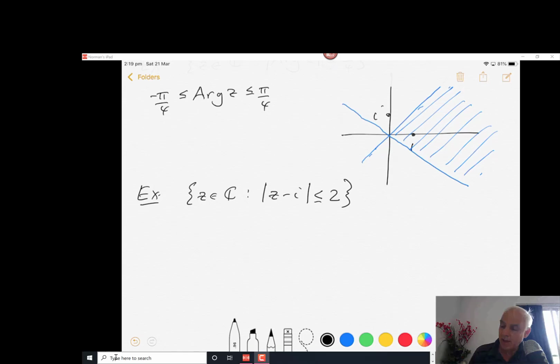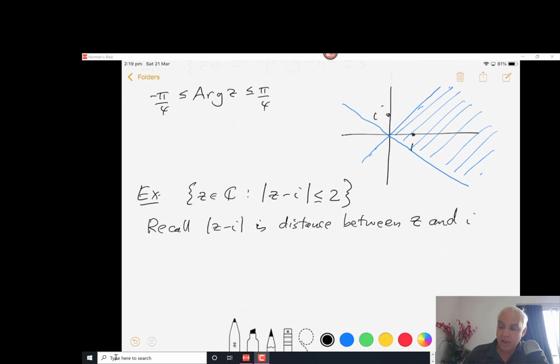Okay, so now there's a modulus involved, the modulus of z minus I. So we have to recall that the modulus of z minus I is the distance between the point z and the point I. So we're talking about those points z whose distance to I is less than or equal to 2.